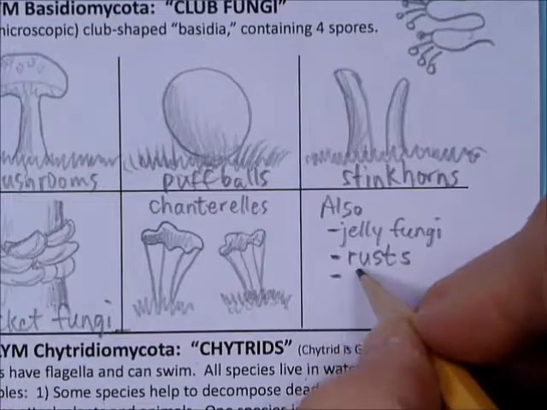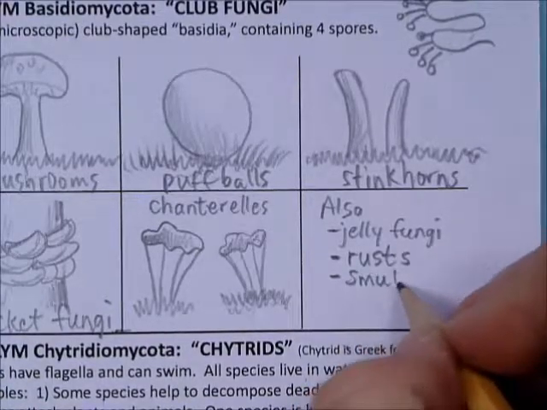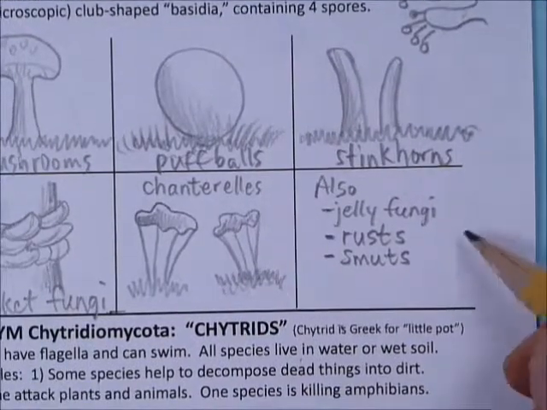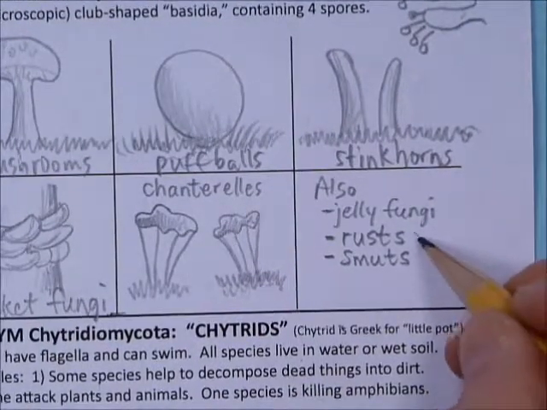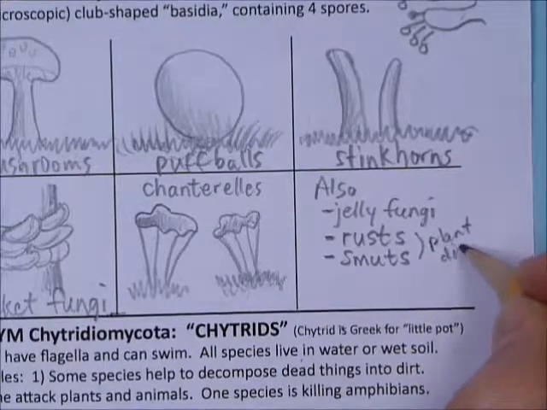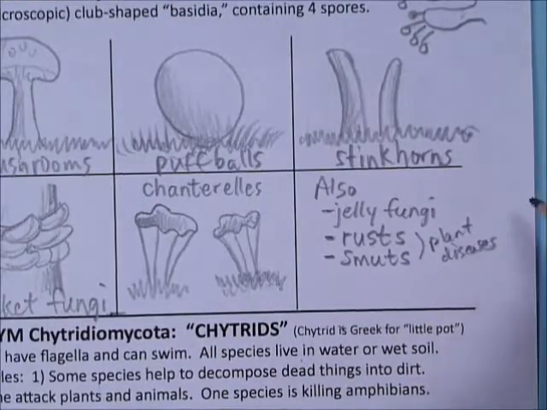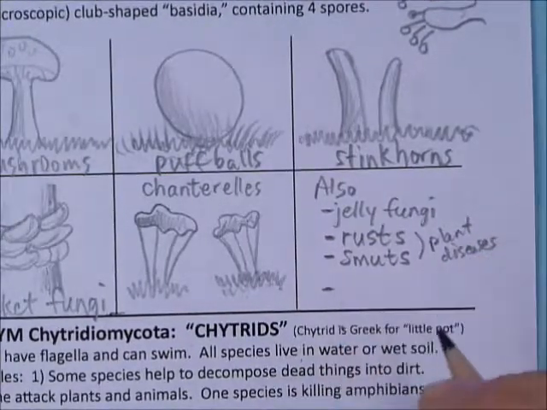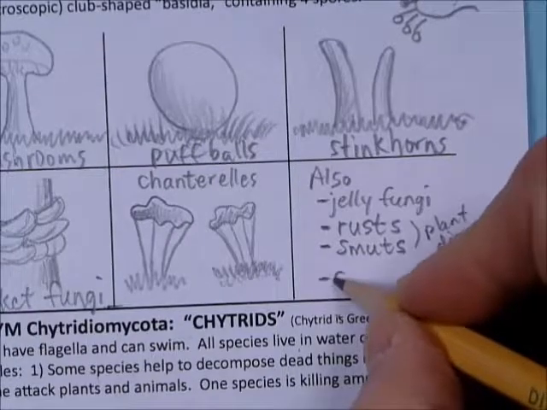And there's another disease called a smut. Smuts are a whole category of fungi. These two actually cause plant diseases. A lot of fungi aren't very fun. And then there's another one that can attack people. It's called Cryptococcus.